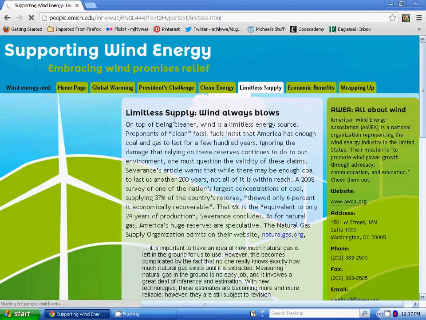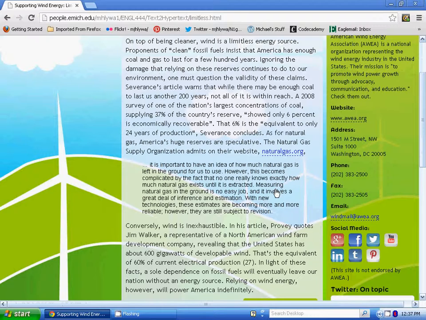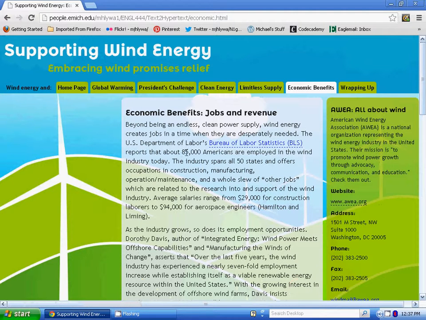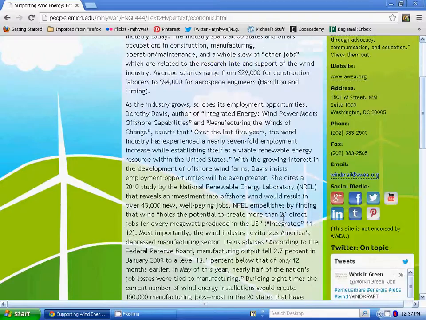And that it has a limitless supply. And that's from clicking on the limitless supply link because it answered my next question. This is a lot of data. And though we've talked about 3 of them, I would have clicked next to the economic benefits to see what I had to say here too.